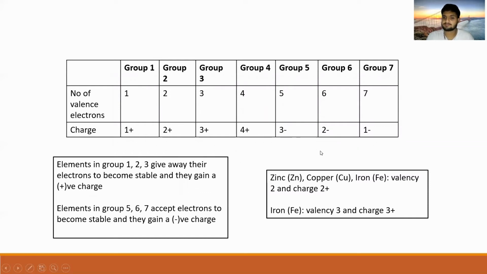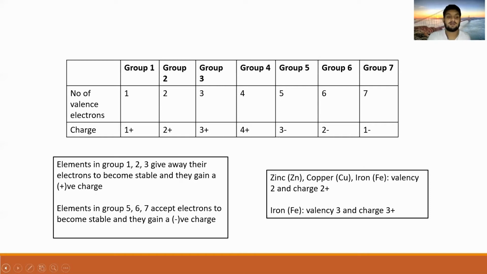They don't have an exact charge or exact valence electrons. It changes. For example, here you can see iron. Iron has a valency of 2 and a charge of 2 plus. Also iron has a valency of 3 and a charge of 3 plus. So you see they vary.